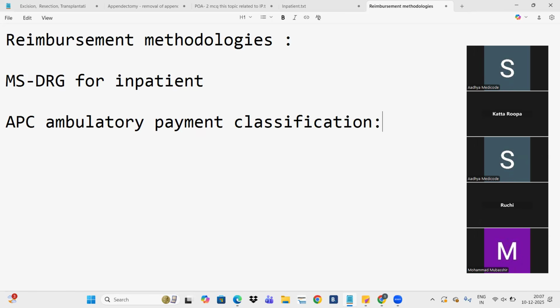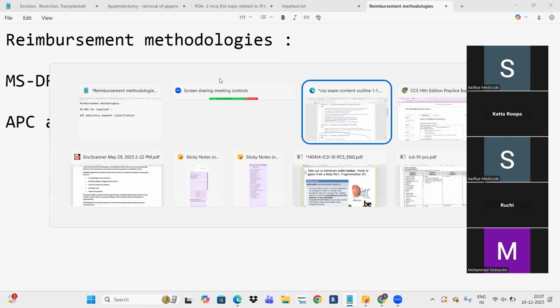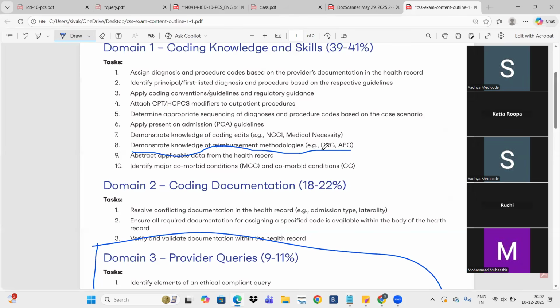MSDRG and APC payment classification. We have two payment classifications here, no? DRG and APC. So based on this, they will ask the questions.